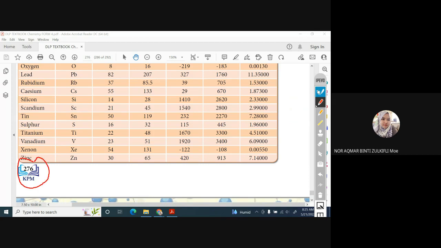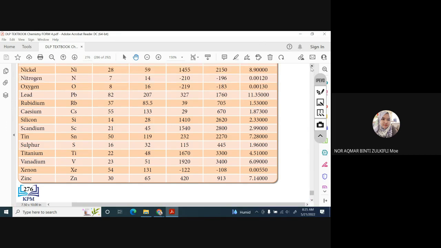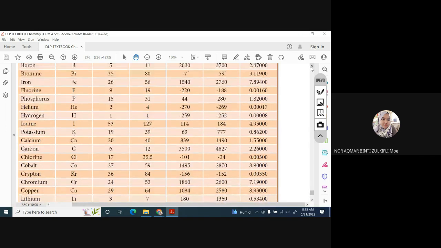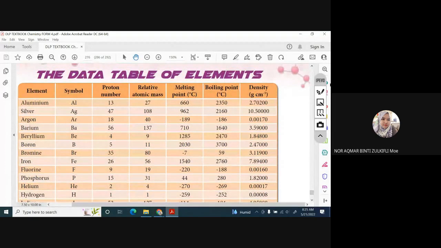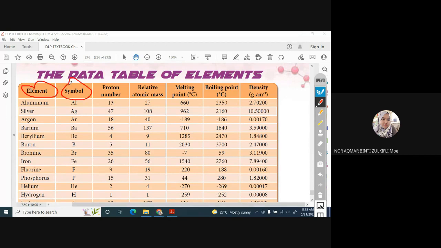They have the data for this one. The symbol, because you are not familiar, right? You just learned today. So this is the element, the name, the symbol. The proton number is also here, because in chapter 2 you have proton number calculations. Also you can see and refer here. Okay, relative atomic mass. Yes, so you refer here.